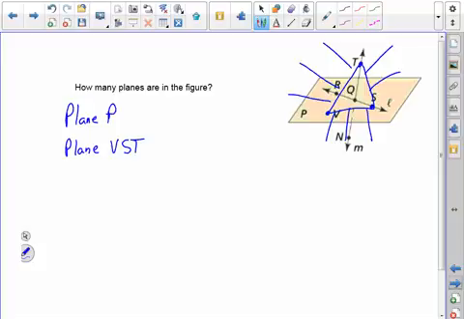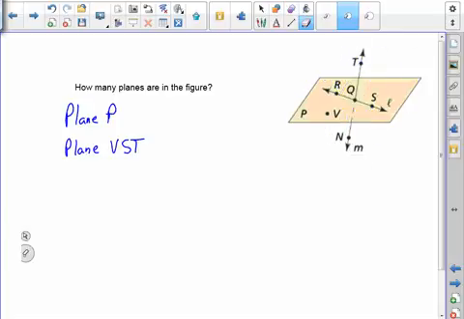Okay. So now that you're identifying that, hey, there's more planes here than stuff that's been expressly drawn for us, let's see if we can identify any more. All right, well, let's keep using point V as our starting point, and let's see what we have. Now, could I say plane RNS?